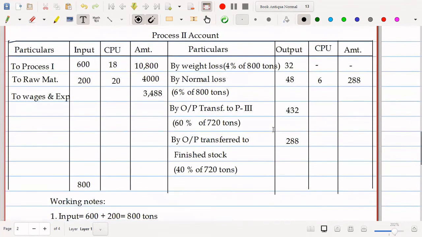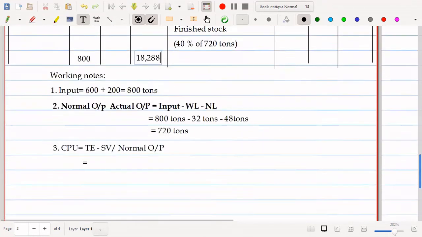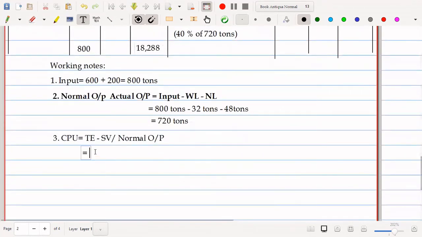We have to see here, 10,800 plus 4,000 plus 3,488. It comes to 18,288.